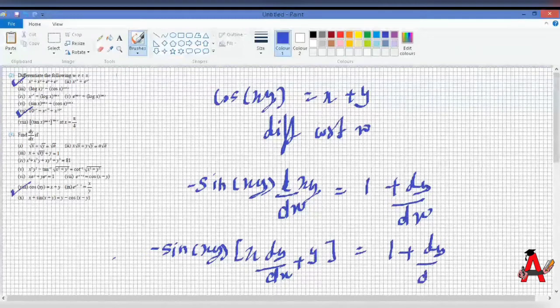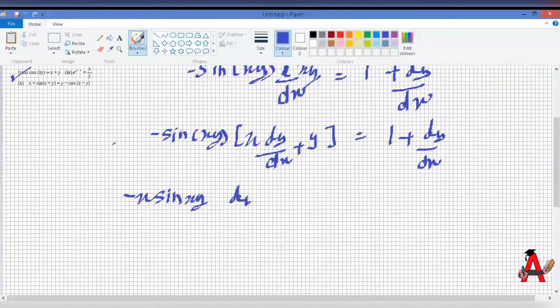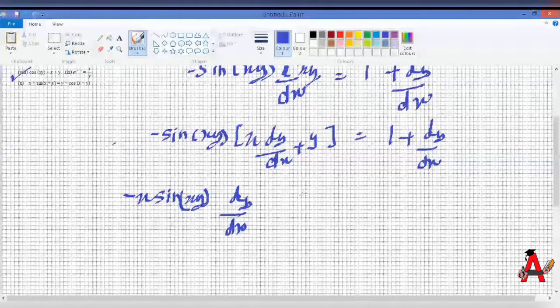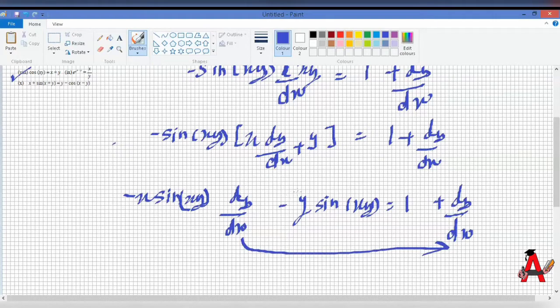In such questions, you have to always take dy by dx together. Now, I will multiply this term. This term will become minus x sine xy dy by dx. This xy is in the bracket. Minus y sine xy is equal to 1 plus dy by dx. I will send this dy by dx that side and bring that 1 to this side.